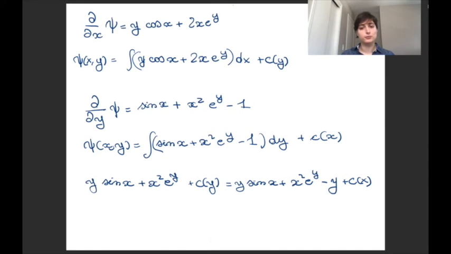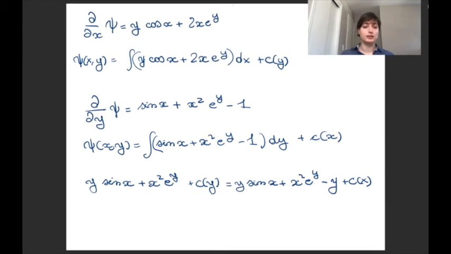If we do this, what we find is that we have y sin x plus x squared exponential of y plus a function of y equal to y sin x plus x squared exponential of y minus y plus anything depending only on x. So you notice that the two sides have all the mixed terms of x and y that are the same, but the right side has a function of y that the left side doesn't have.